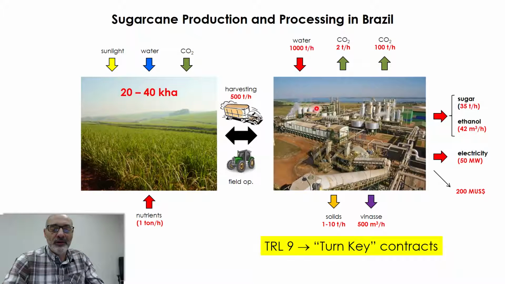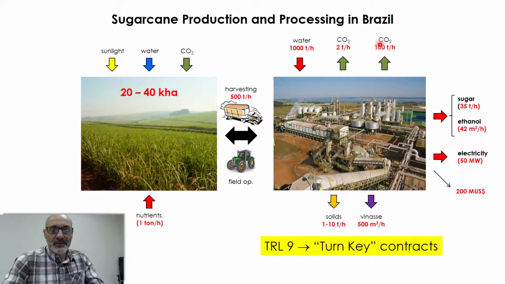So the fermenters here will emit 2 tons of CO2, and the boiler stack will emit 100 tons per hour of CO2, roughly speaking. Okay. These numbers are important in terms of carbon capture. I'm going to show you in a few moments, okay?